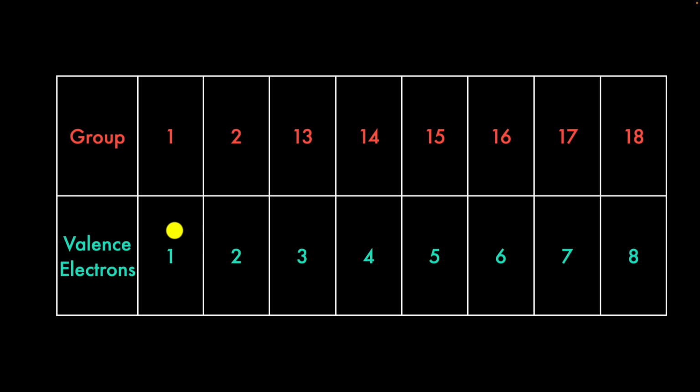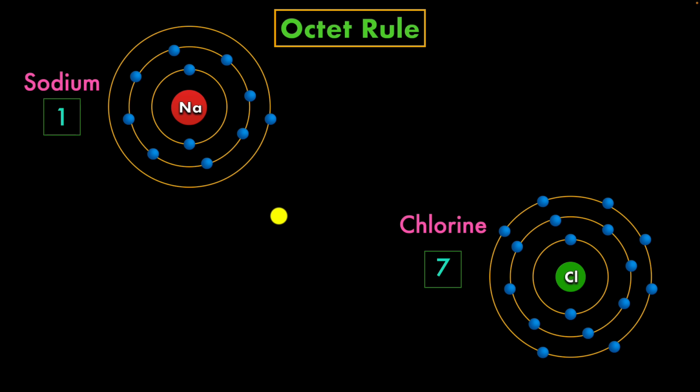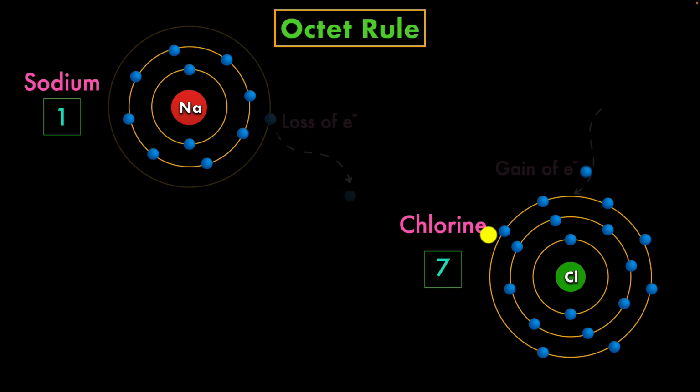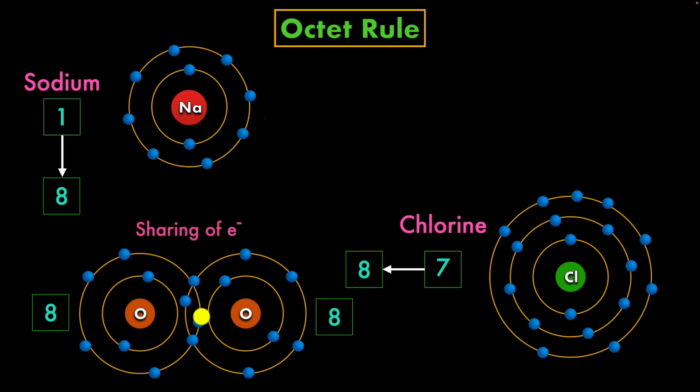And reactivity mainly depends on the number of these valence electrons. Noble gases are stable because they have a full set of valence electrons, 8. And the octet rule describes the common pattern that atoms tend to lose or gain electrons or even share electrons, all in order to obtain 8 electrons in their valence shell.